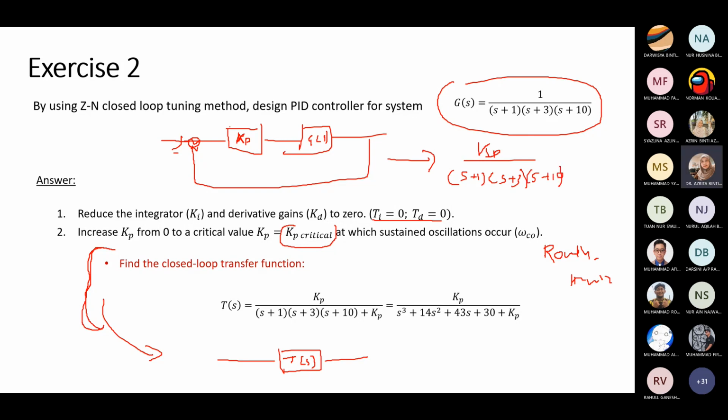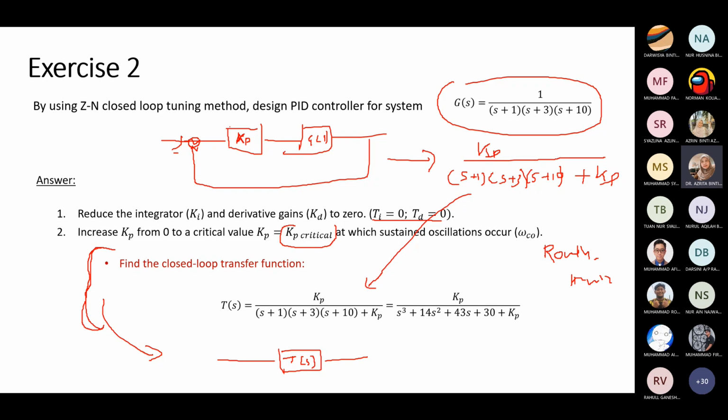Then we extend the division here. Since this is negative feedback, we just put a sum and write all the numerator values. For this case, we only have the KP. So this is the closed loop transfer function that we obtain from our system.